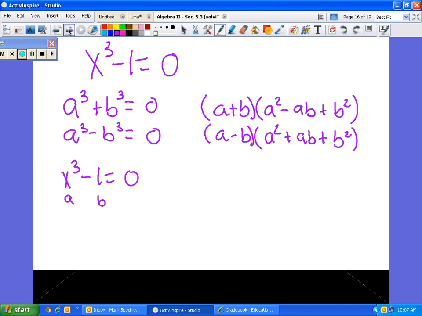So we're going to come up with two factors, a binomial and a trinomial. So my first factor, my binomial factor, is simply A minus B. Well, what's A? A is x and B is 1. So my first factor is x minus 1, A minus B.